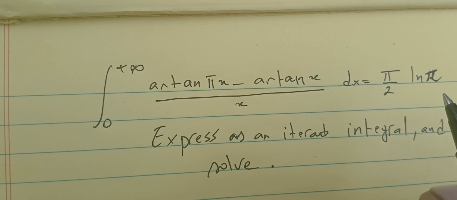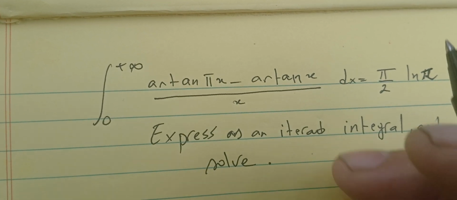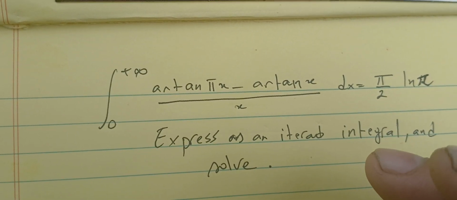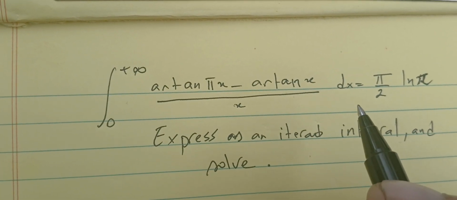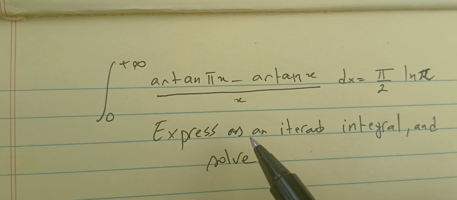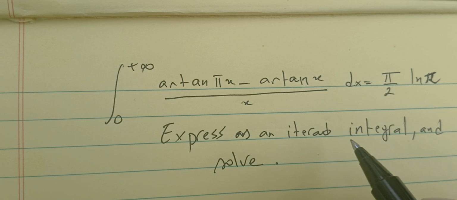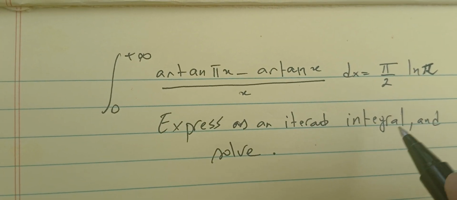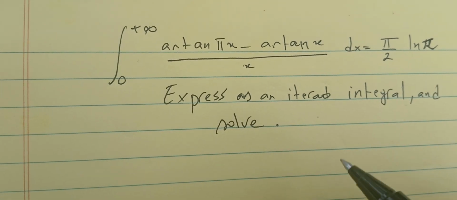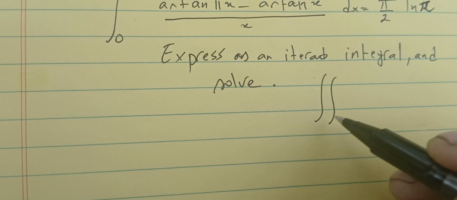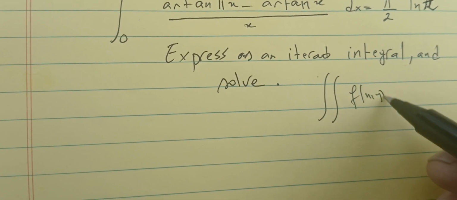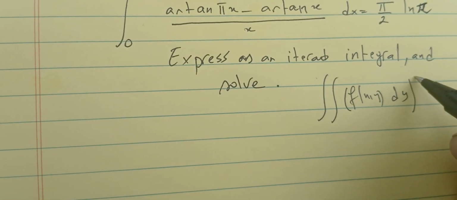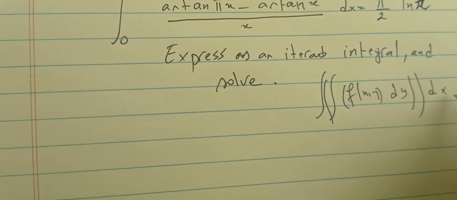We're going to switch the integral and find its value. But this hint is saying express as an iterated integral and solve. That means here we want to have f(x) dy dx.